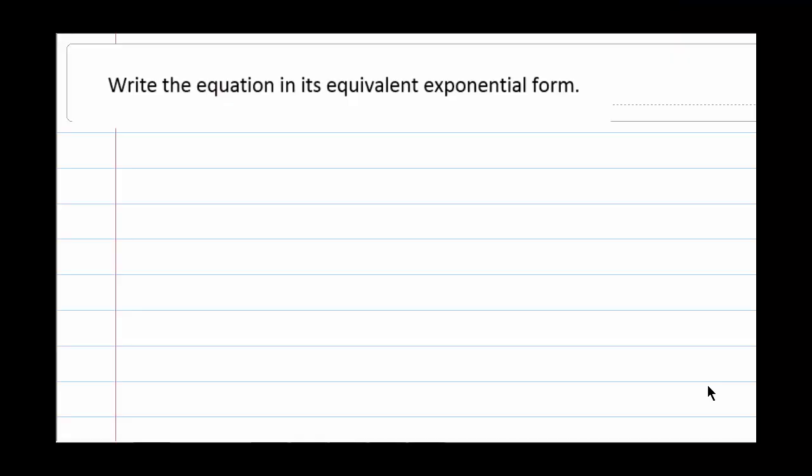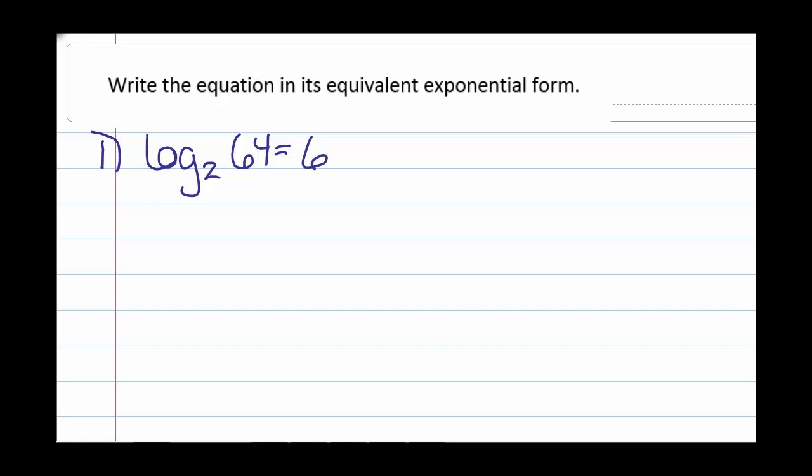All right, let's do a couple examples where we're going to write the equation in its equivalent exponential form. So let's say number 1, we have log base 2 of 64 equals 6. All right, so this is nothing that we have to solve.